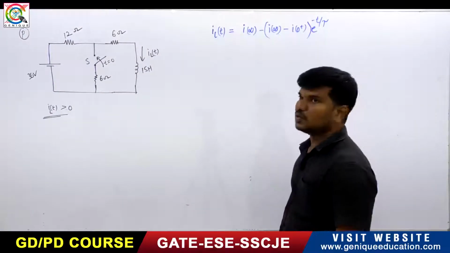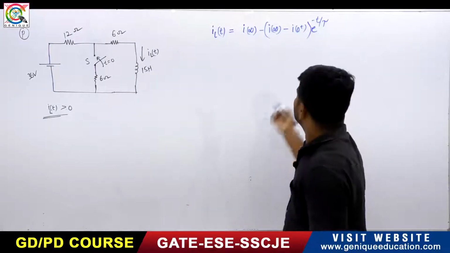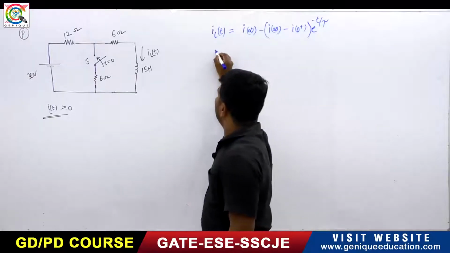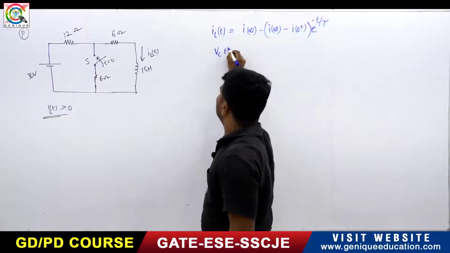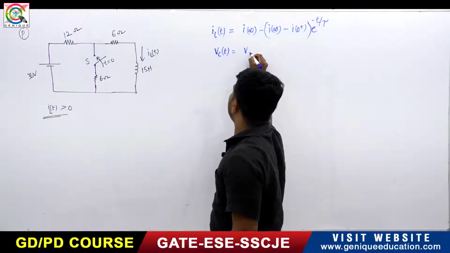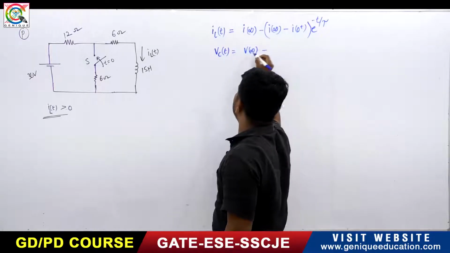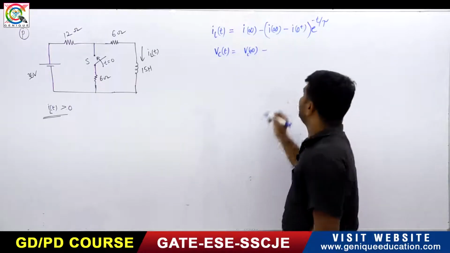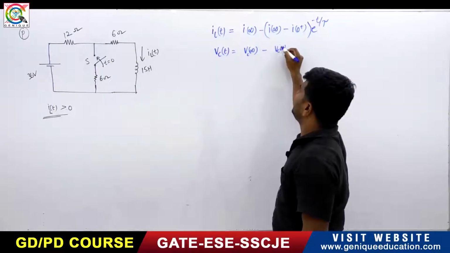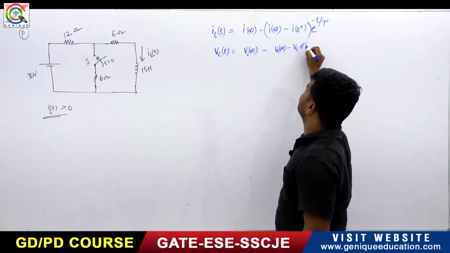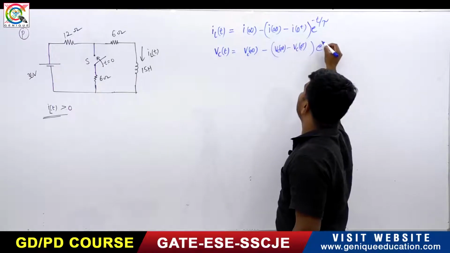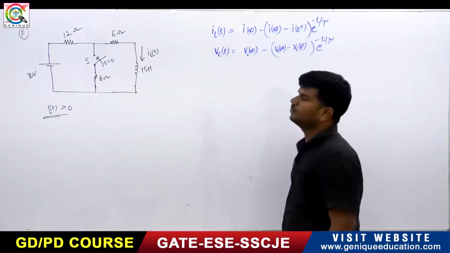You have to remember this. Similarly, you should also remember Vc of t equals V final minus V initial, that is Vc of infinity minus Vc of 0 plus, into e power minus t by tau.